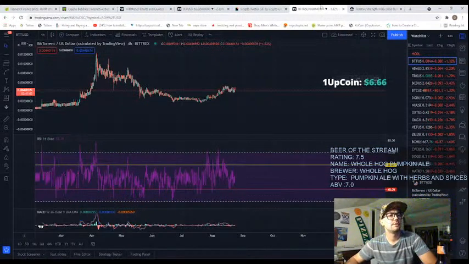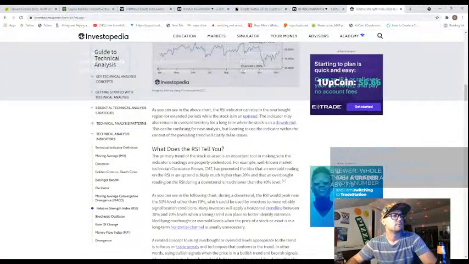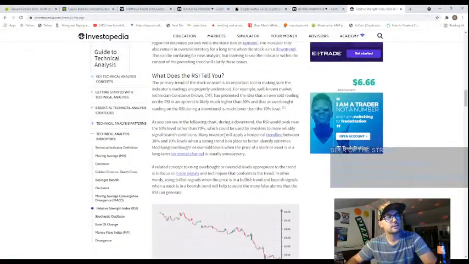So what else have we got here? What does the RSI tell you? The primary trend of the stock or asset is an important tool in making sure the indicator's readings are properly understood.